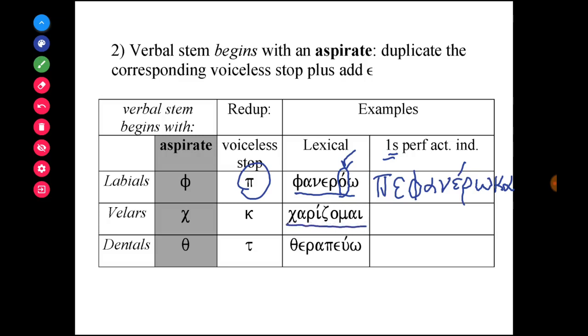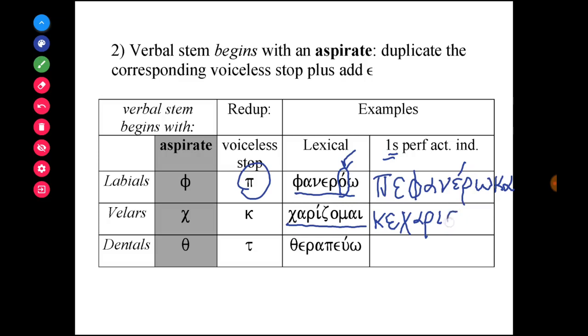Charizomai is the word for forgive, and its reduplication is with a ke, and then this is a deponent verb. So cha, ri, and then the dental is its verbal root, but we're not going to use the dental.